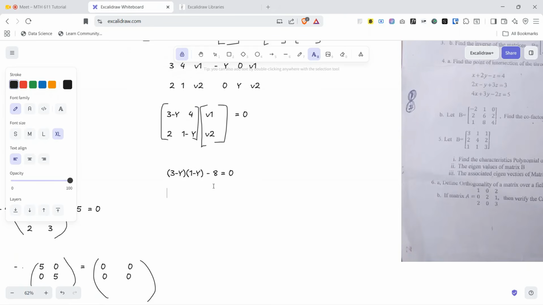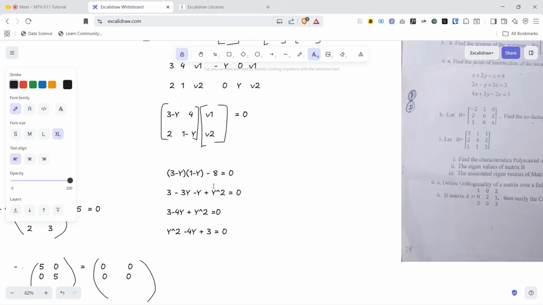8 equals 0. So that will be 3 minus 3 lambda minus lambda plus lambda square minus 8 equals 0.